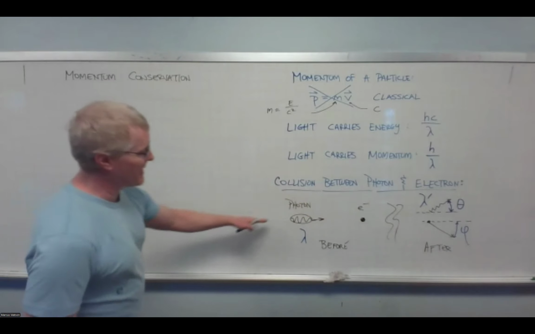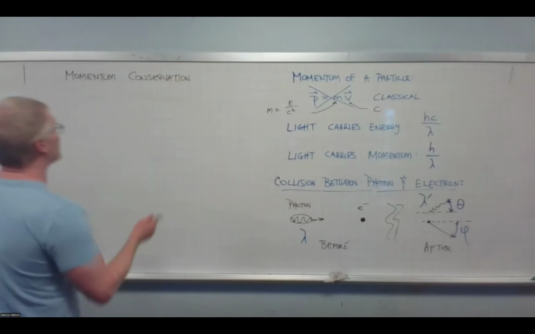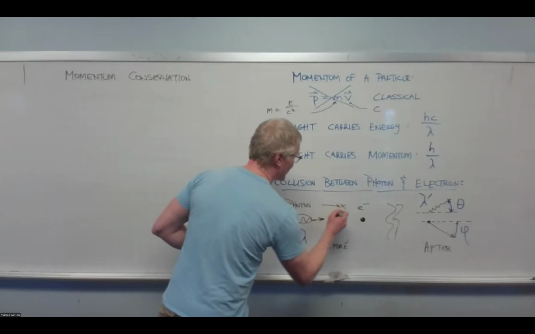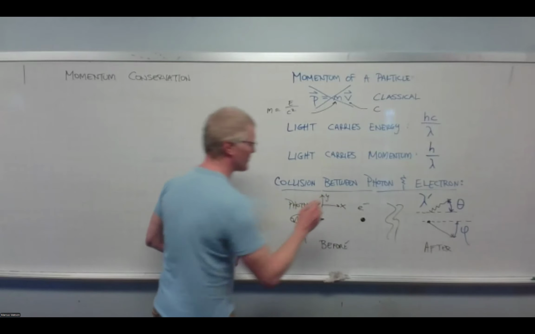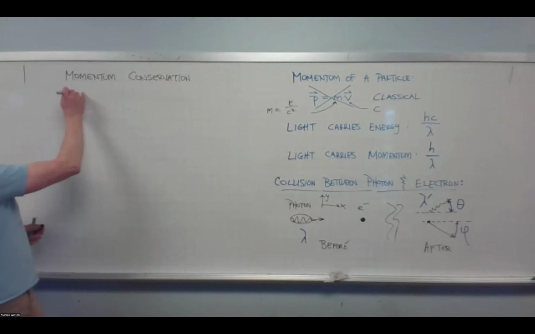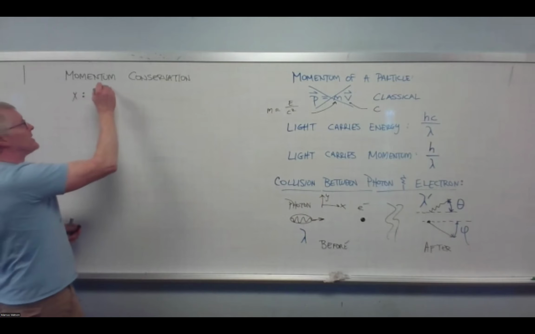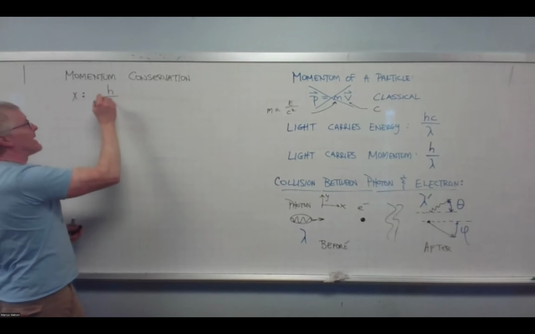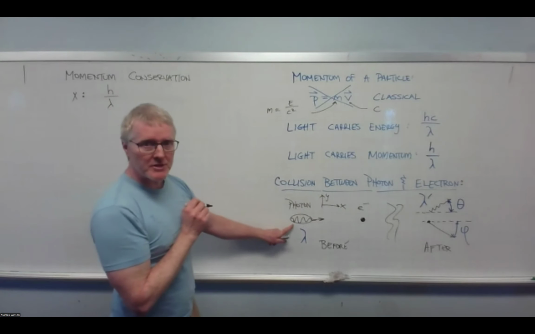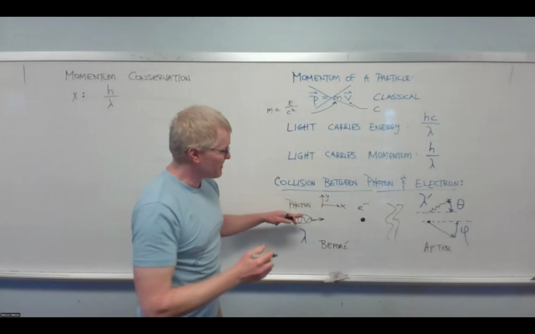I'm going to say that my initial incoming momentum in the horizontal direction was carried by the photon. So let's call this x. Let's define that to be the x direction, and let's go upwards so I have a standard right-hand rule coordinate system. If I use the x going to the right, then my x momentum initially is h divided by lambda, because that's my photon energy, and there's nothing else that carries horizontal momentum.